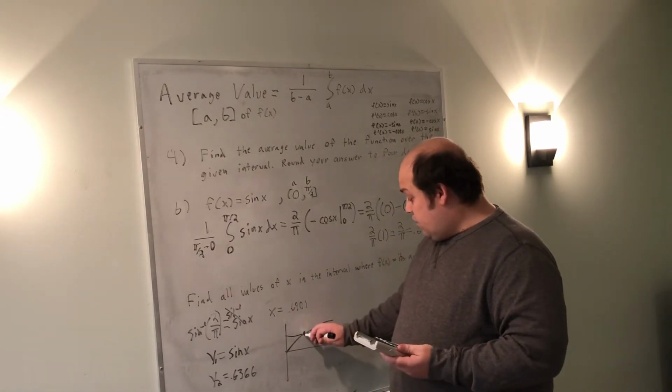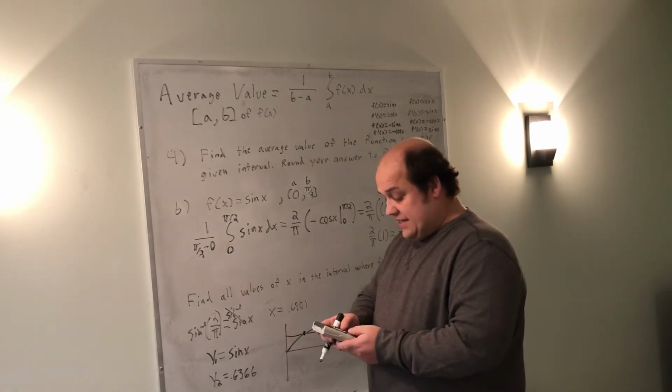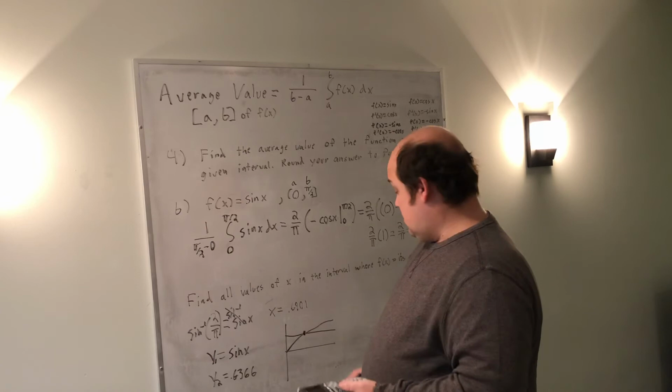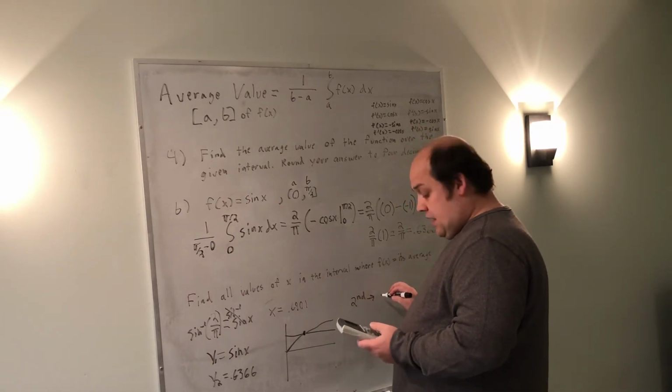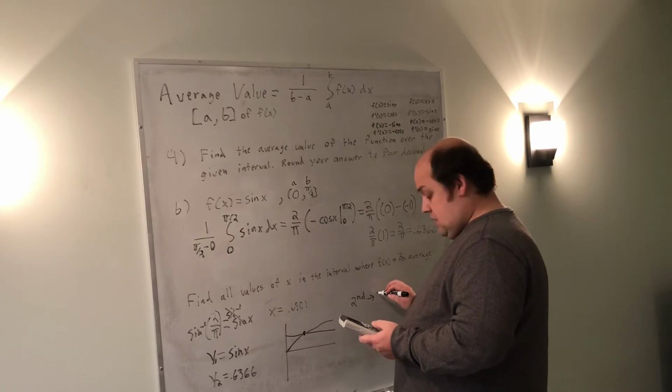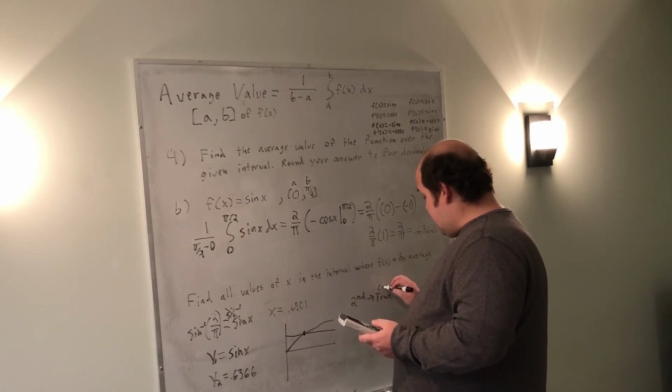I want to find where the line meets the curve. To do that, I press second, calculate. So I'm pressing the button second, then I'm pressing along the top, trace, or calc.